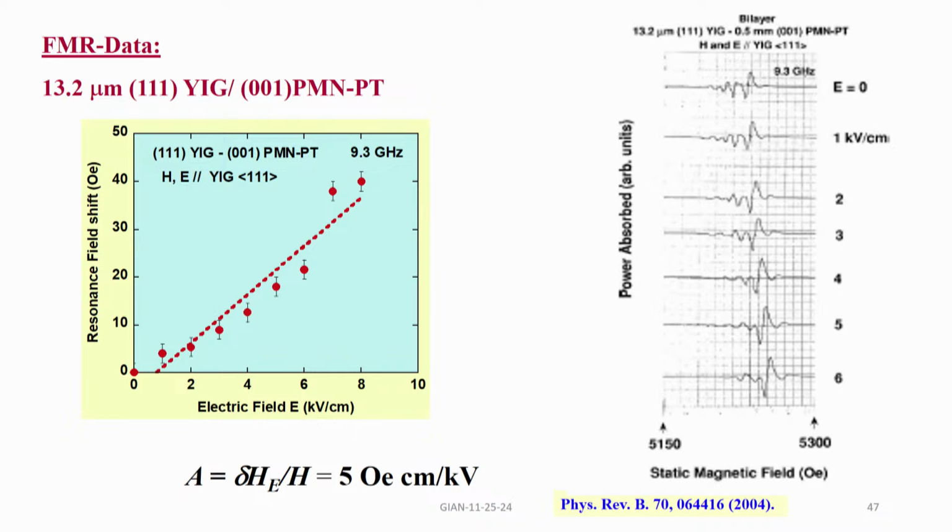For no electric field, then you increase the electric field, and from 1 kilovolt per centimeter to 6, you see the peak shifting to the right. And what is plotted here is the electric field versus the field shift in resonance, which is linear. You take the slope of this, that is the converse magnetoelectric voltage coefficient.